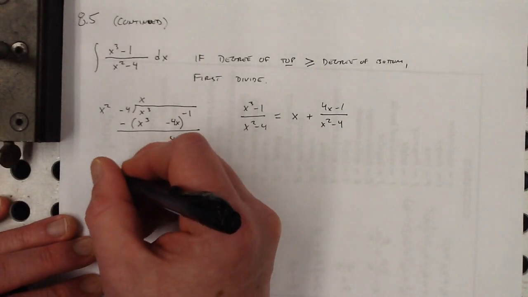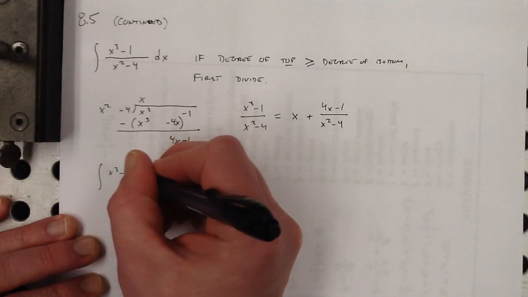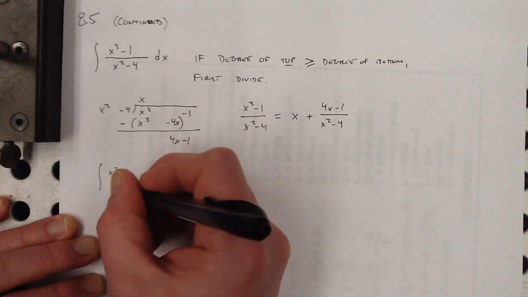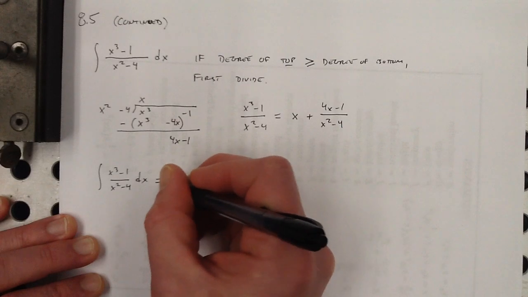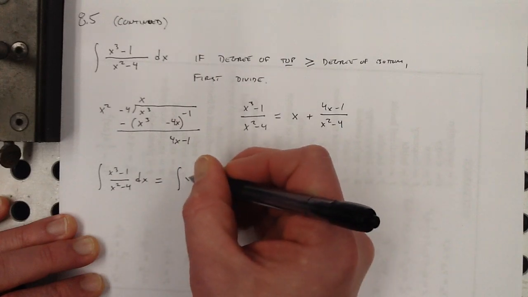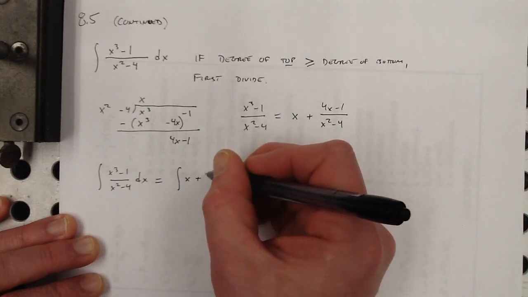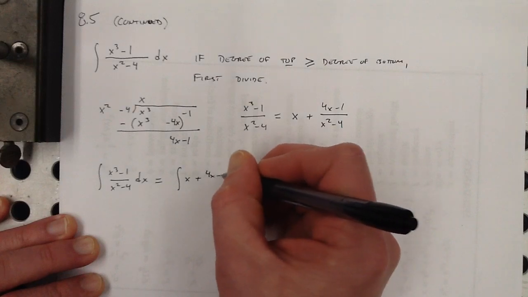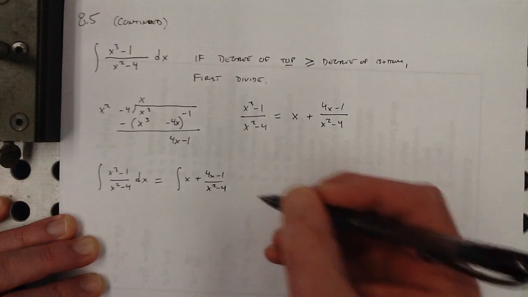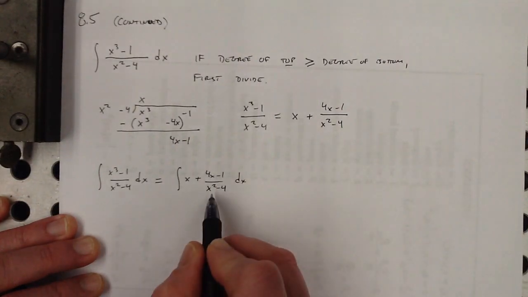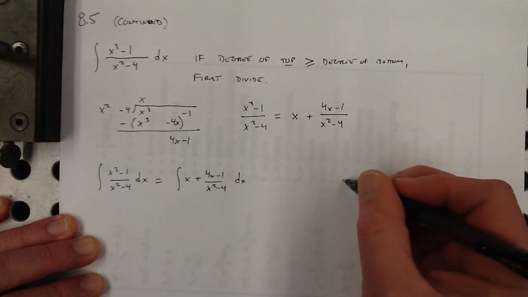So now my original x cubed minus 1 over x squared minus 4 dx is equal to, it's the same as this. And this, I'm going to now separate.